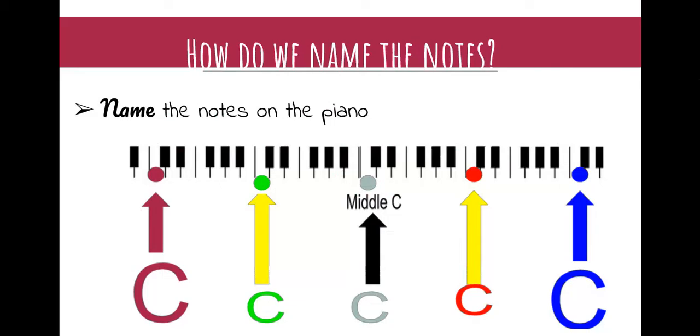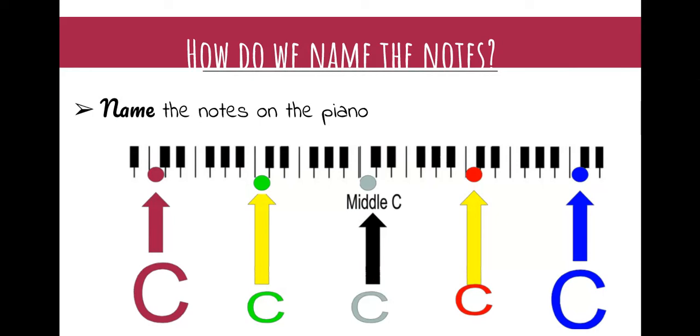Now we're going to name the keys, the notes on the keyboard. You can see here a diagram on the video of the piano keyboard, and notice that there are black keys and white keys. On some of the white keys I've drawn little circles, and I've put them into little colours as well.